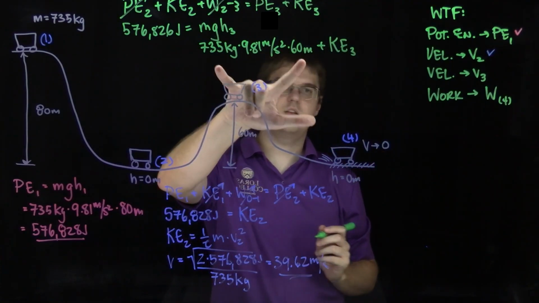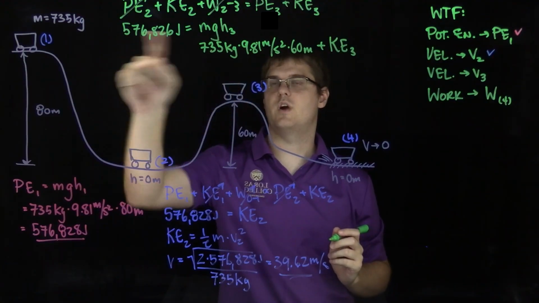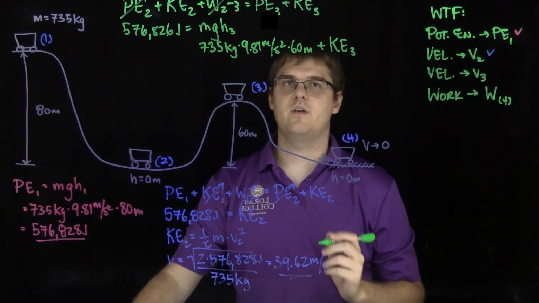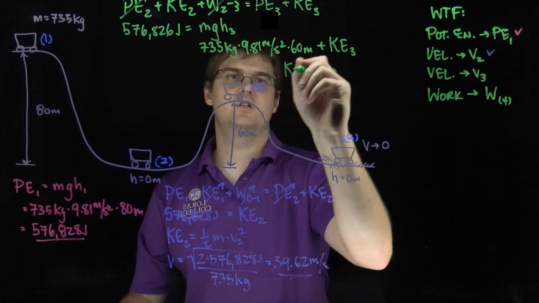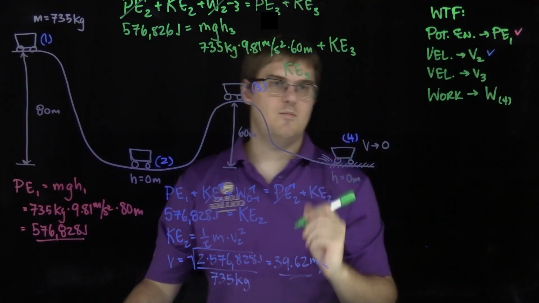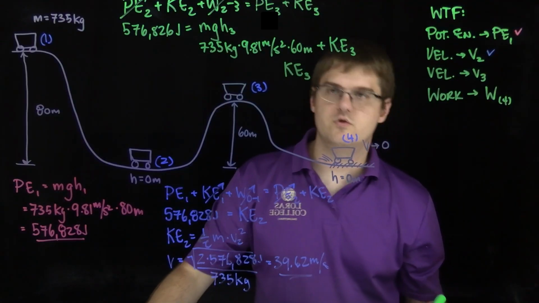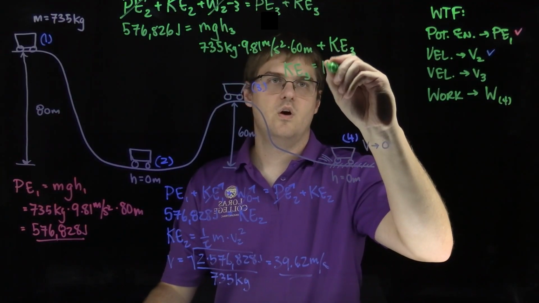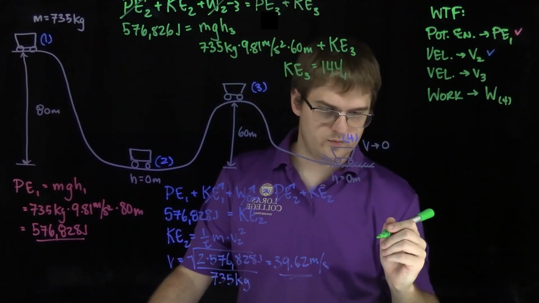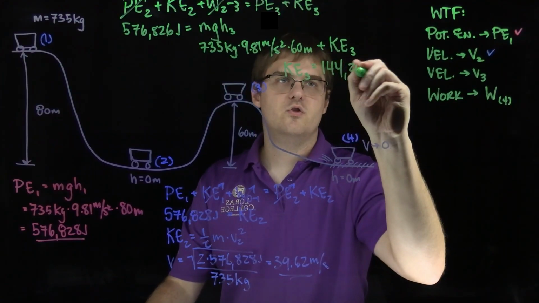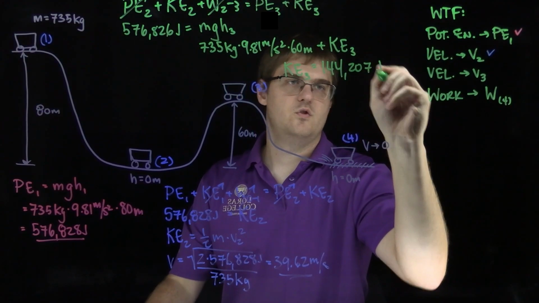I can multiply all this together and subtract it from the left side to get a kinetic energy at 3. And that value comes out to 144,207 joules.